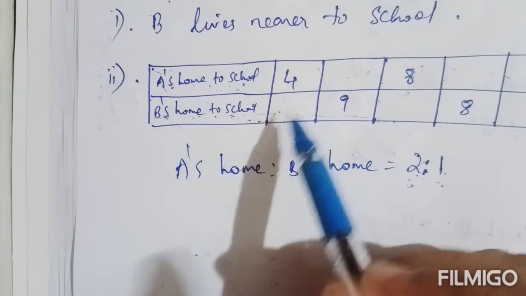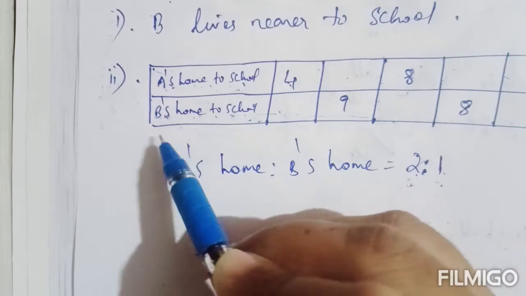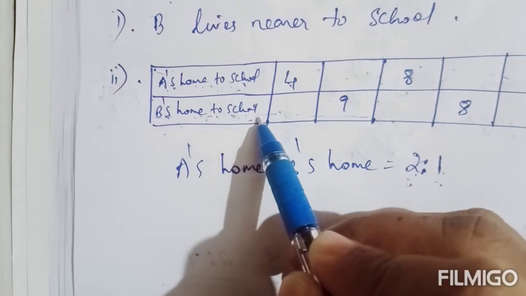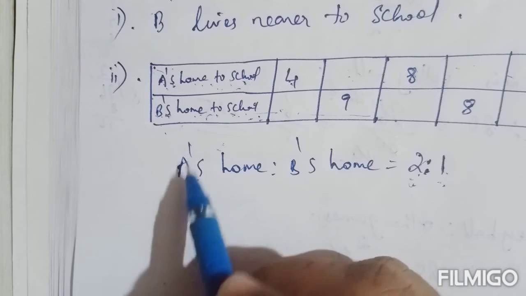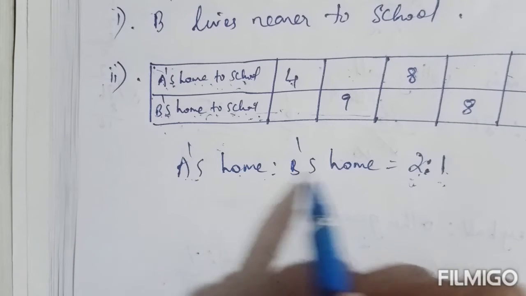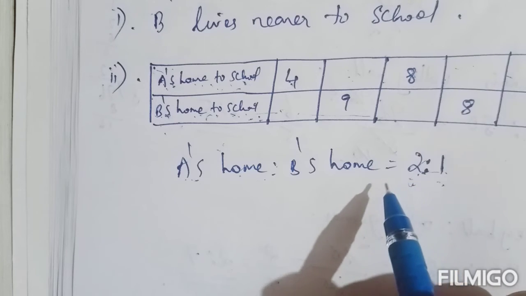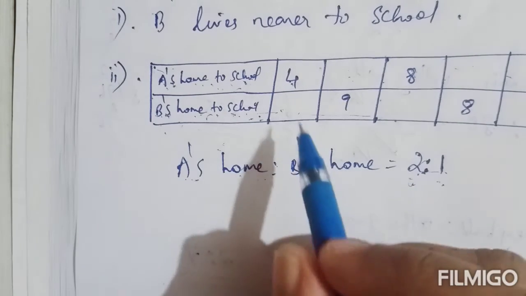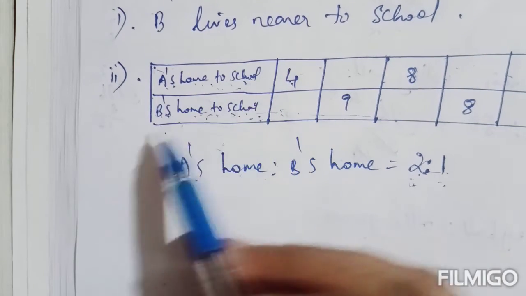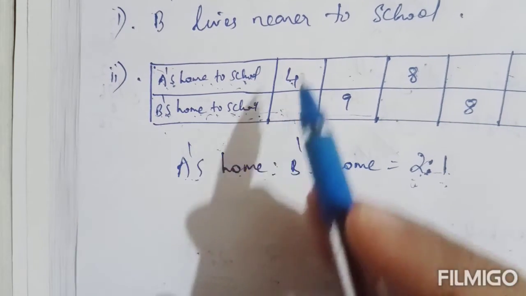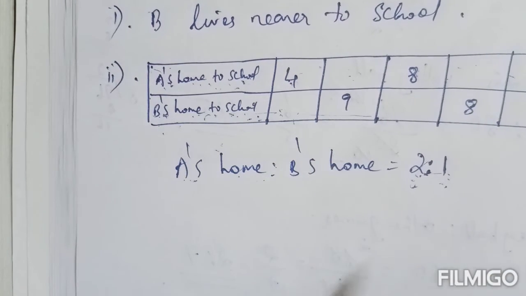So first column let us take, if distance from A's home to school is 4, what will be the distance from B's home to school? And the question, it is given the ratio A's home is to B's home. That ratio it is given 2 is to 1. Okay, so whatever be the distances of A's home to school and B's home to school, this ratio should be the same.